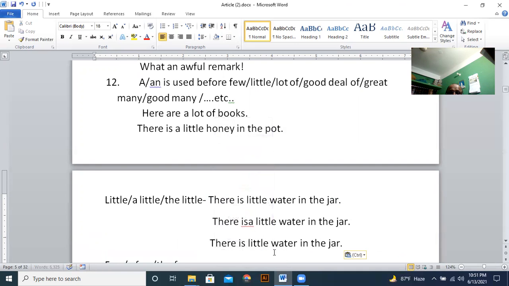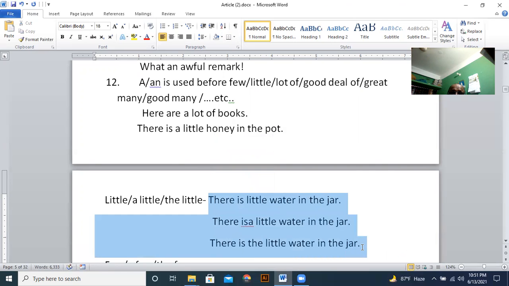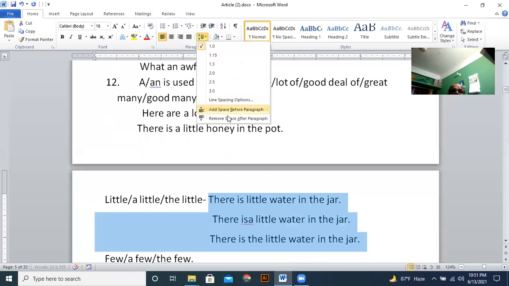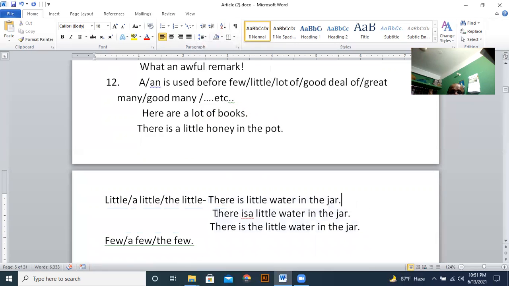There is the little water. What is the difference between little water, a little water, and the little water? Basically, little alone is a negative word. But a little or the little is affirmative.